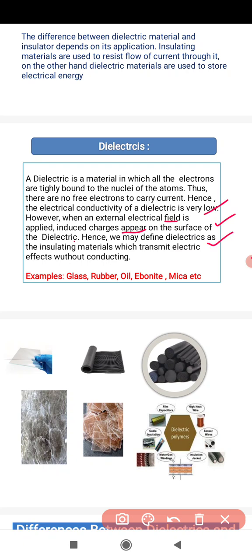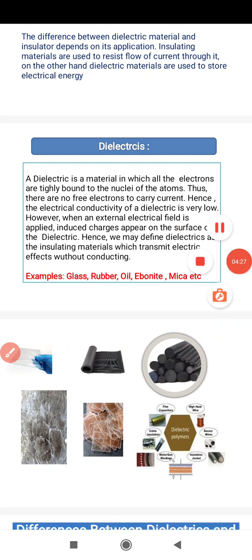Hence, we define dielectrics as insulating materials which transmit electric effects without conducting. Examples of dielectrics are glass, rubber, oil, ebonite, and mica. In daily life we have seen glass, rubber sheets, ebonite sheets, mica, etc. These are all examples of dielectrics.